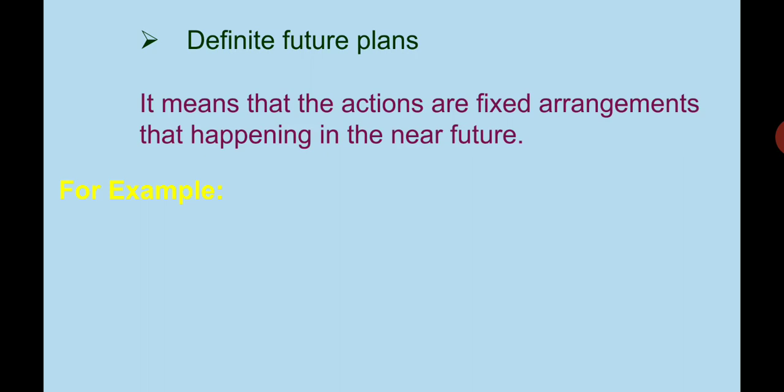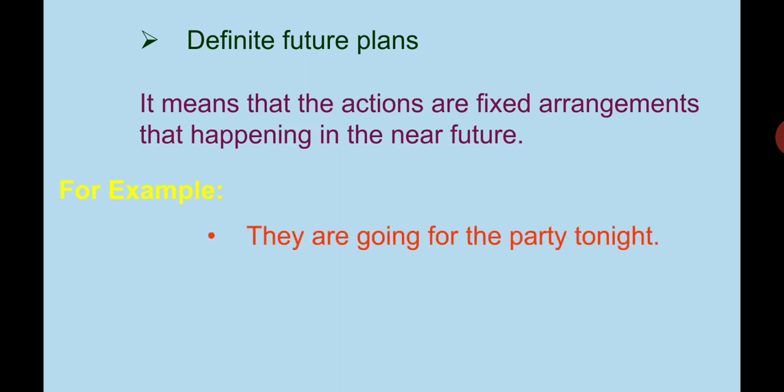what is the possibility in this rule. Let's see. They are going to the party tonight. The sentence indicates that they are not going to the party at the time of speaking, but they are going to the party tonight, today night, right?